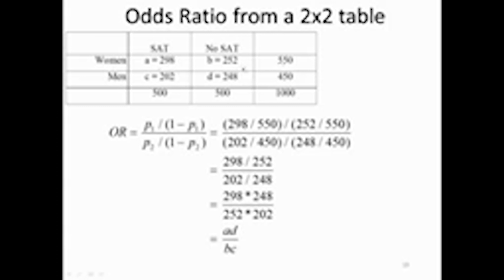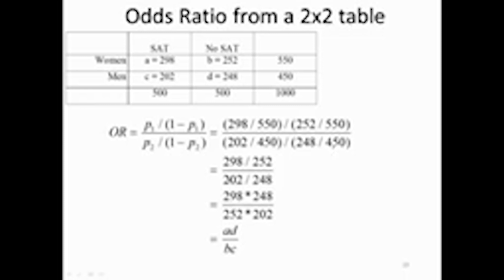P1 divided by 1 minus P1, divided by P2 divided by 1 minus P2. That is 298 divided by 550, divided by 252 divided by 550, divided by 202 divided by 450, divided by 248 divided by 450.